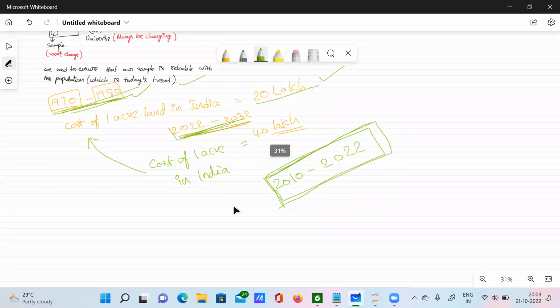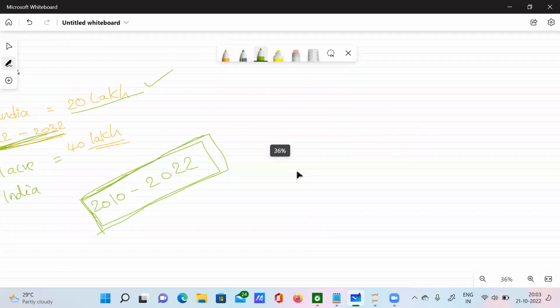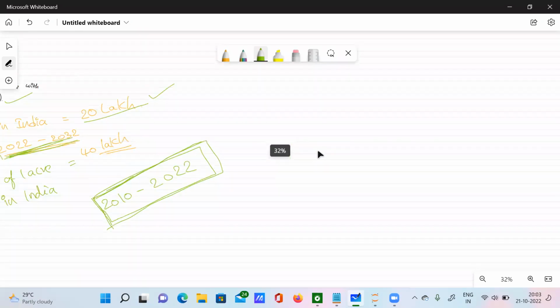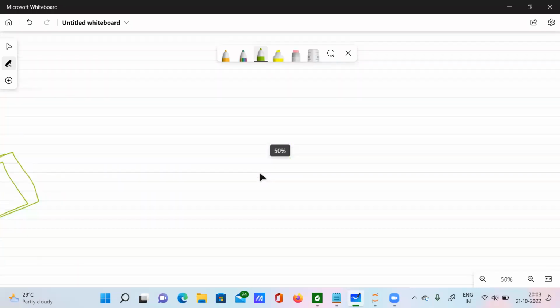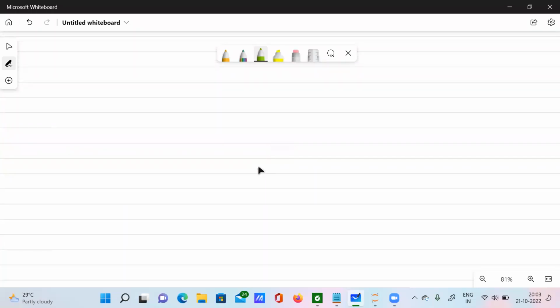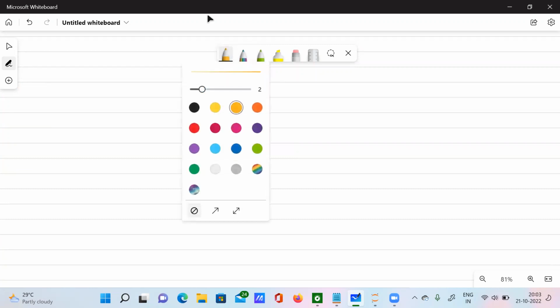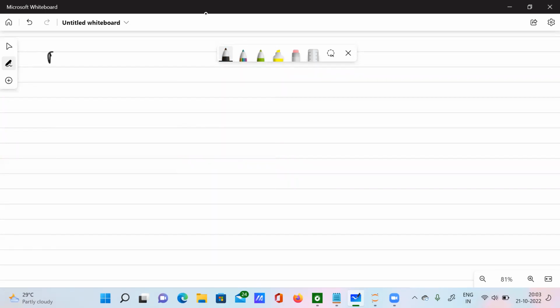Okay, I'll give another example. For example, I need to predict the petrol price for the 5 coming years.